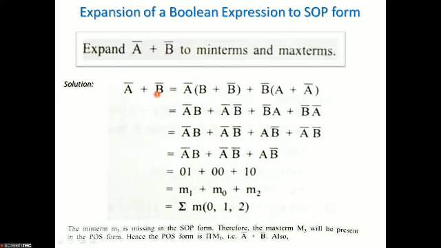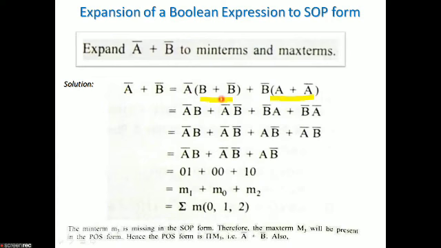So what we will be doing here: in the first term, as the variable B is missing, we will multiply it with B plus B bar. Next, in the second term, there is B bar but A is missing, so we will multiply it with A plus A bar.